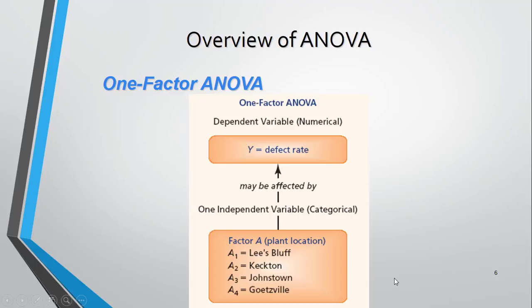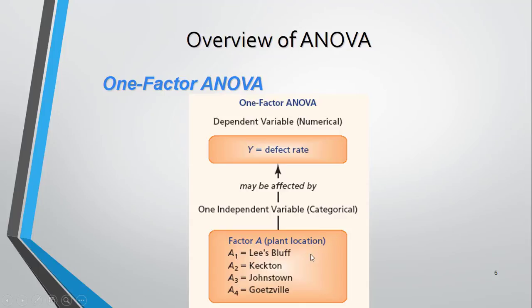Like the example I give you, for one factor ANOVA, the dependent variable here in this case is the defect rate of machines or gadgets produced in this company. The defect rate is a dependent variable. The defect rate may be affected by one independent variable, which is a categorical variable, which is the plant location.